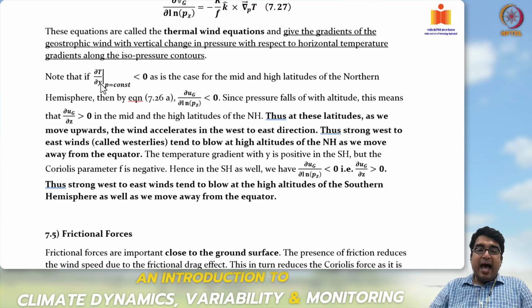Then we will have del UG del Z, the gradient of the zonal geostrophic velocity with respect to altitude, is greater than 0.